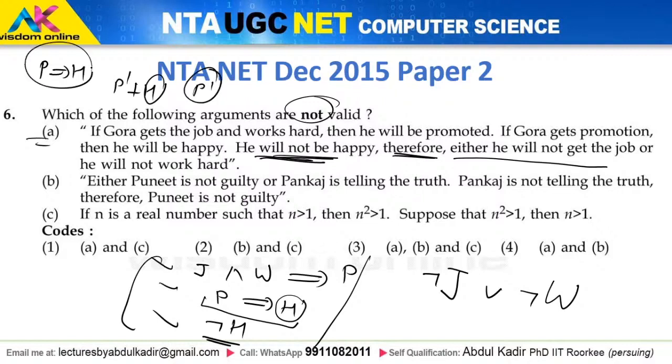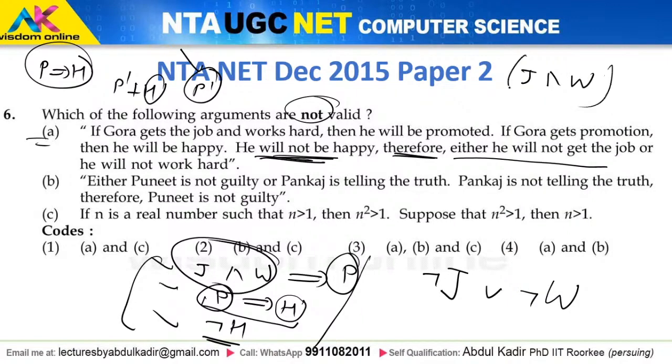So P implies H becomes P dash, meaning if he is not happy, then P is also false. Now, if P is false, then J and W is also false. Then you just apply the De Morgan formula and you will get this.